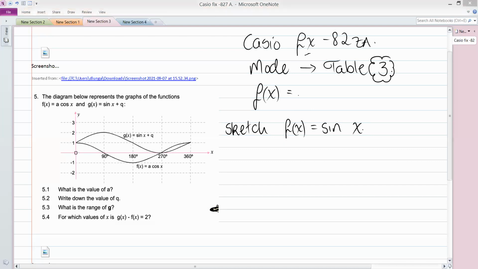You're going to type in sin x by using the actual sine function, and then alpha to select your x. Remember, the x is above the curved bracket. Then close your bracket. You press equals.